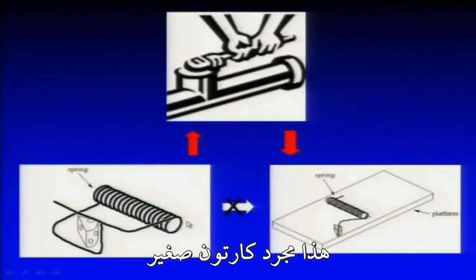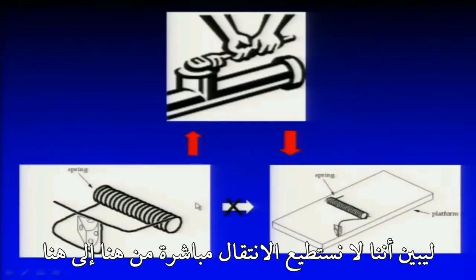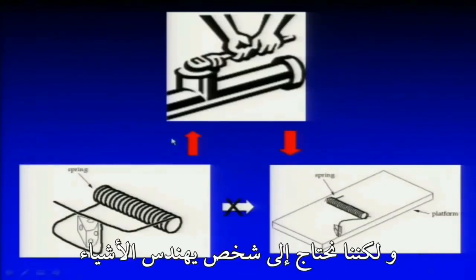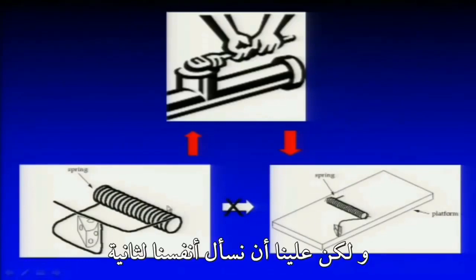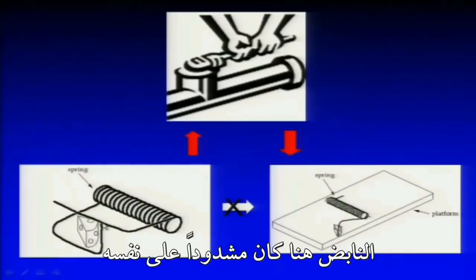So this is just a little cartoon to show that we can't go directly from here to here. We have to have somebody engineering things in order to get to the final configuration. But we have to ask ourselves, wait a second, the spring here was in tension on itself.